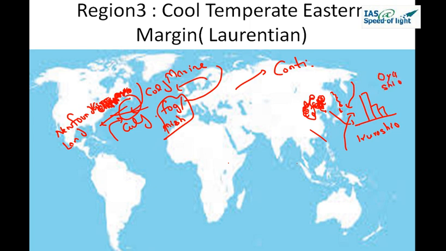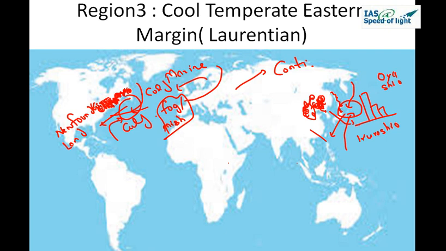So again, this region becomes very important for fishing. In this region, the continental shelves have a lot of plankton, which is the food of the fishes and other animal species. So we find a lot of fishing activities taking place in this region, particularly around Japan and Newfoundland in Canada. So that is what we need to remember about the eastern margin or the Saint Laurence region.